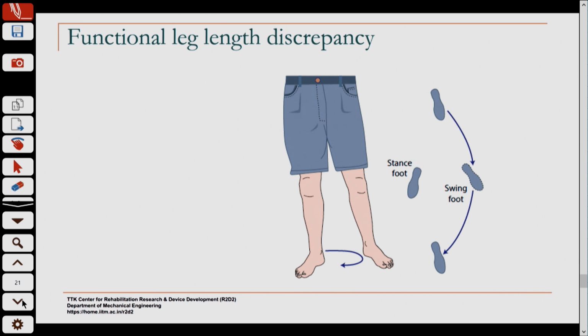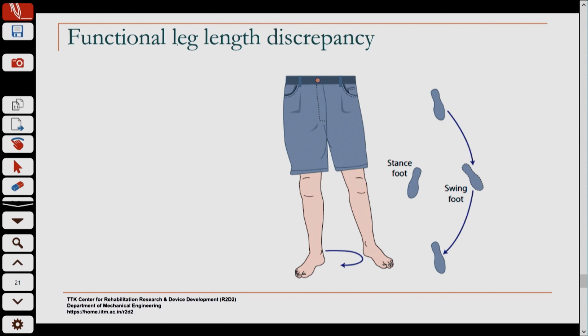Now, we come to something called a functional leg length discrepancy. So, a leg length discrepancy is essentially there is a difference between the lengths of the leg. But why do we call this a functional leg length discrepancy? So, there are two kinds.